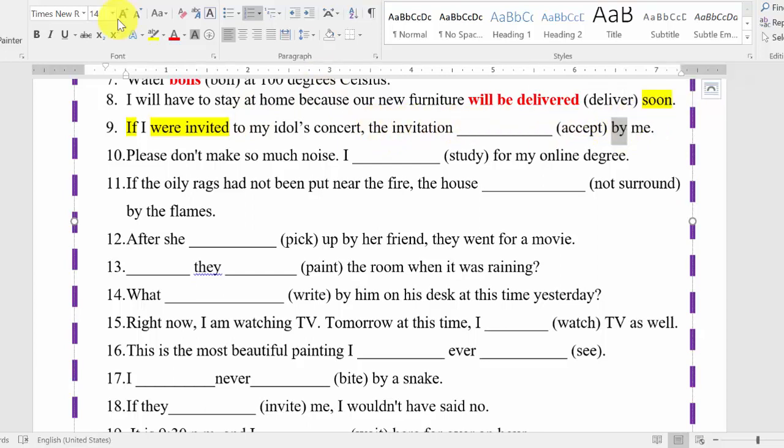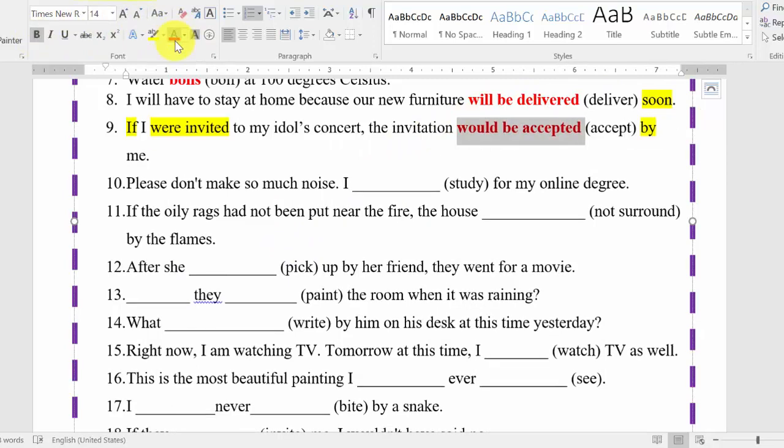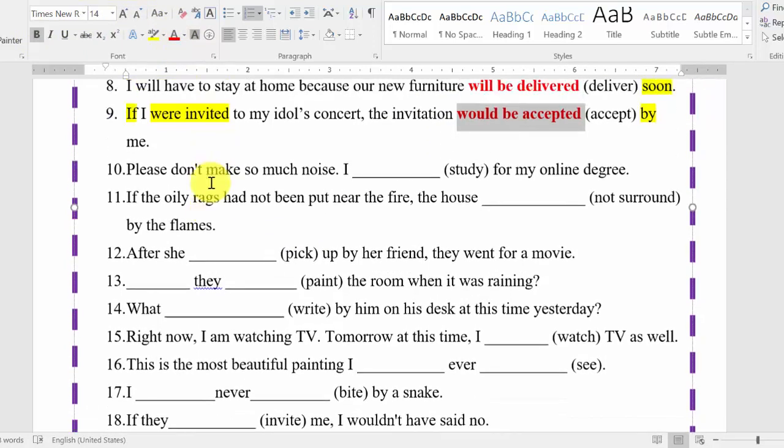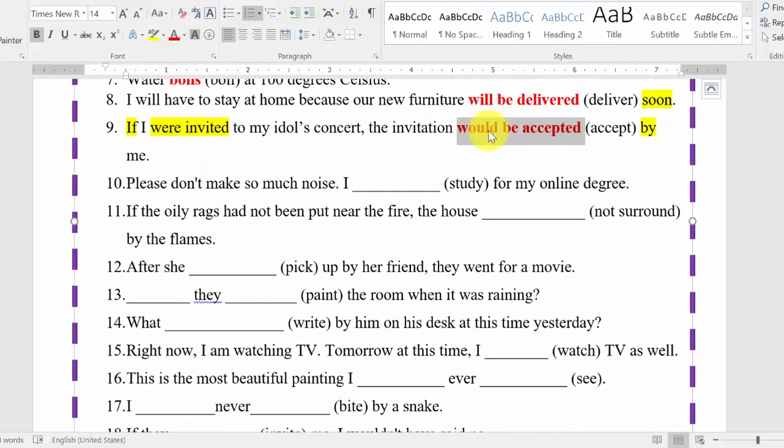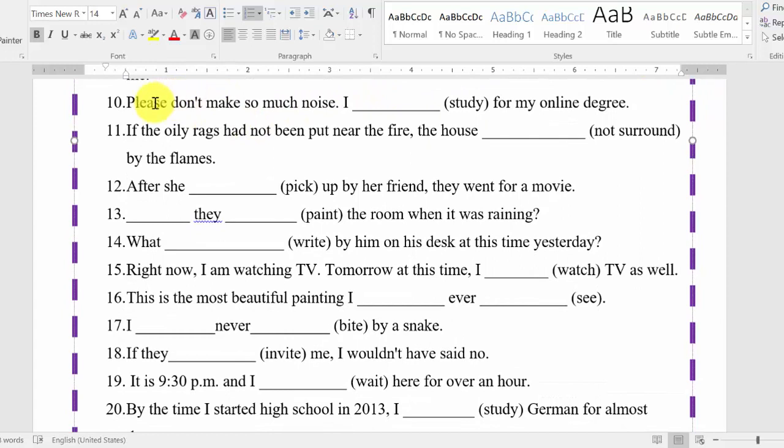It shows that this should be a passive form. As I said just now, the answer should be would be pp. So the invitation would be accepted by me. This is if conditional, unlikely. Past tense, unlikely.